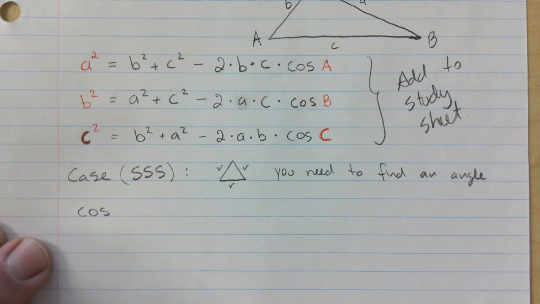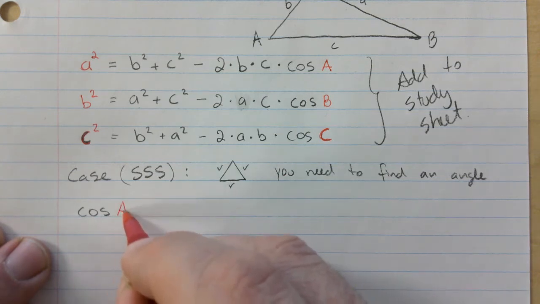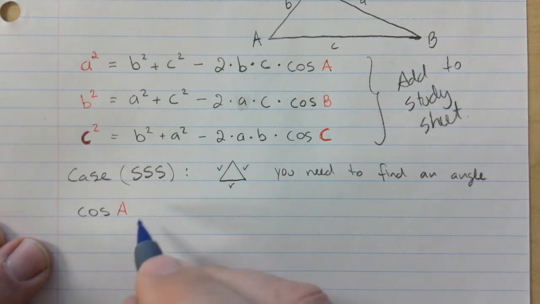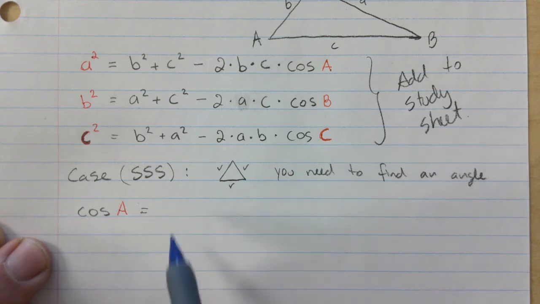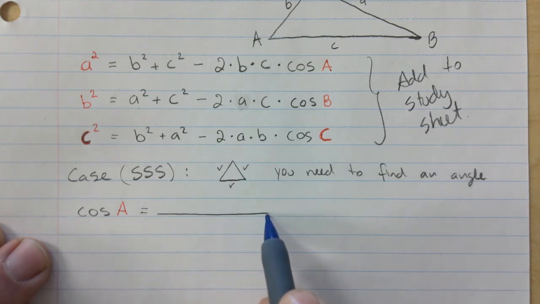Cosine of A is going to be equal to, draw a longer line like this. Okay.